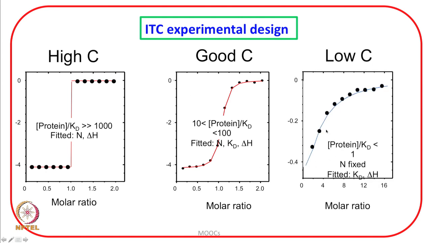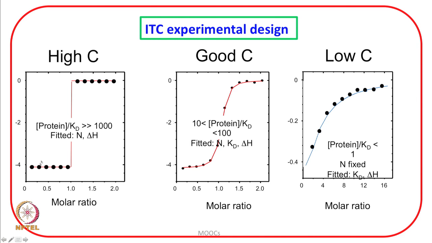And if C value is low, then we usually will not have the initial data points. That is, if you look at this, the binding constant is so large that as soon as you add a small amount of ligand, it is completely binding.